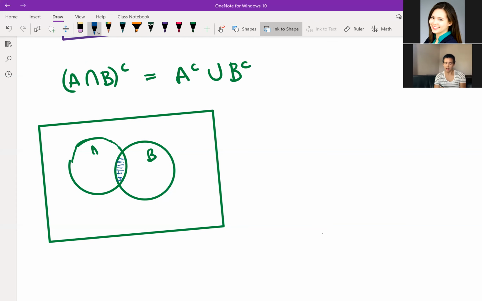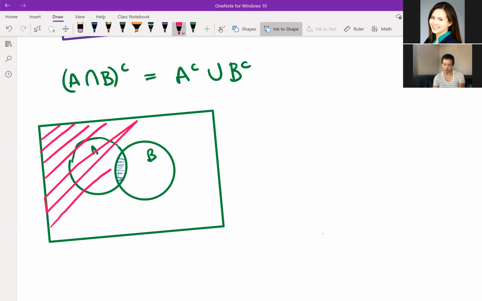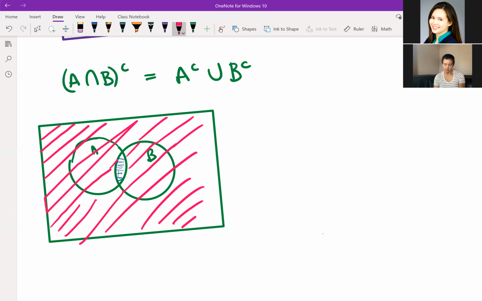So A intersect B complement is everything that I'm about to shade in pink. Okay, so everything there in pink is A intersect B complement.